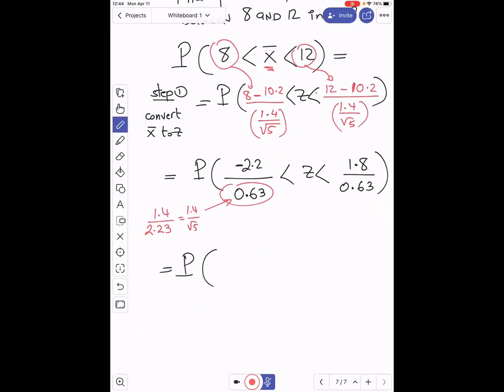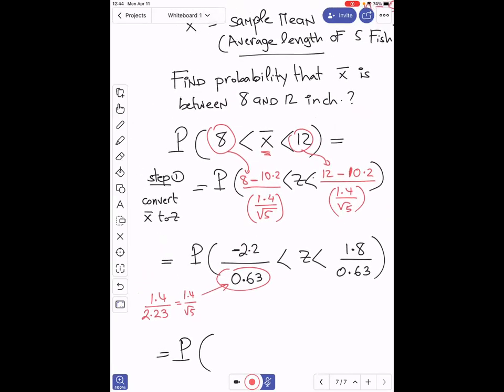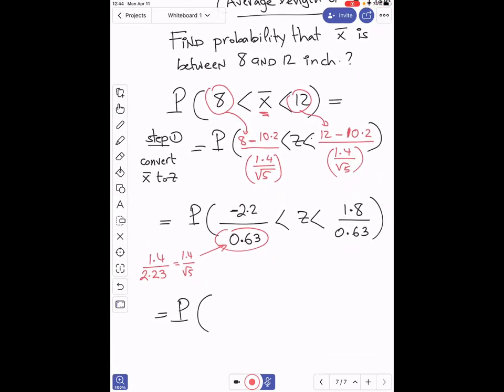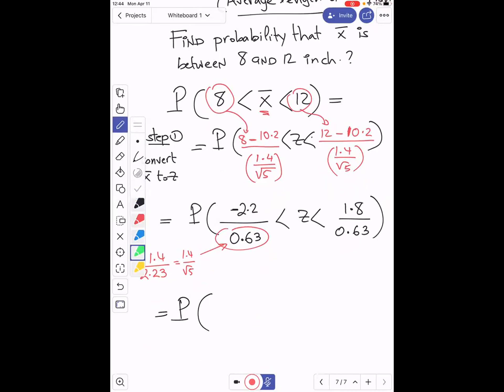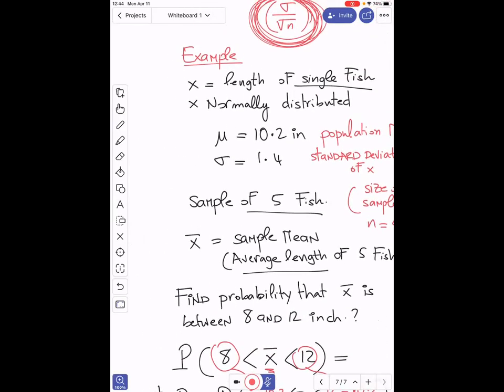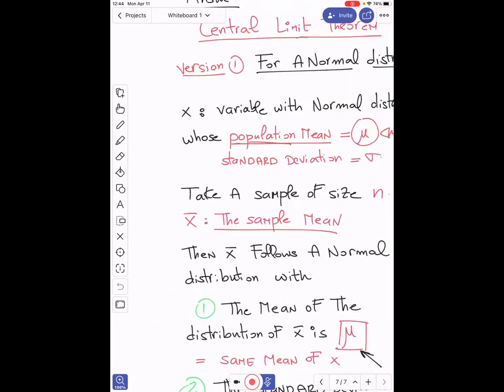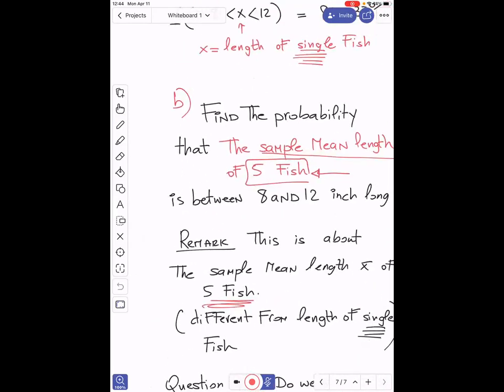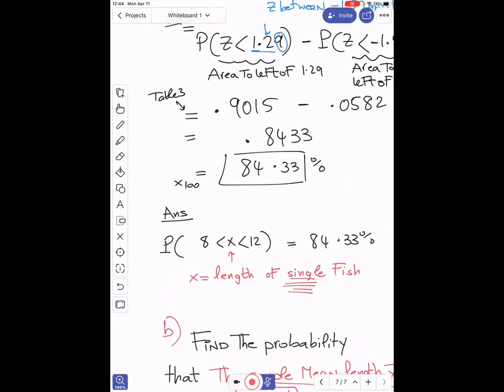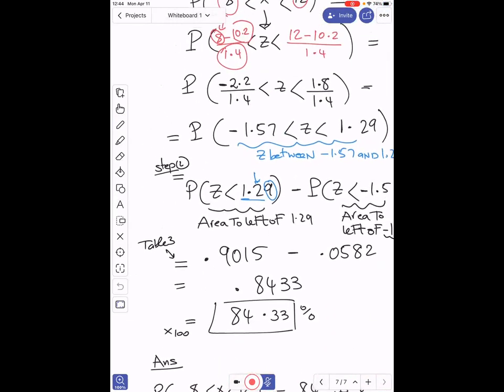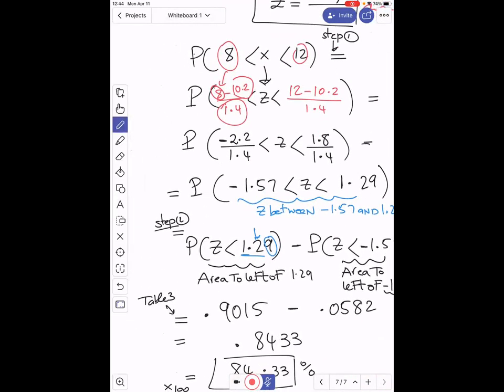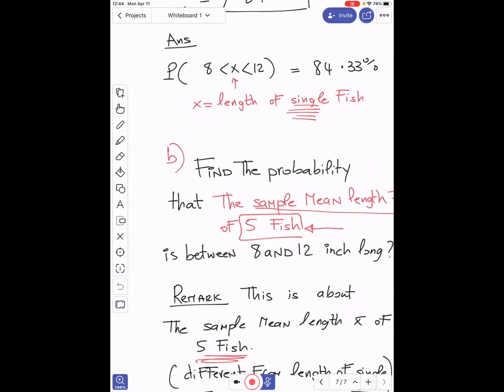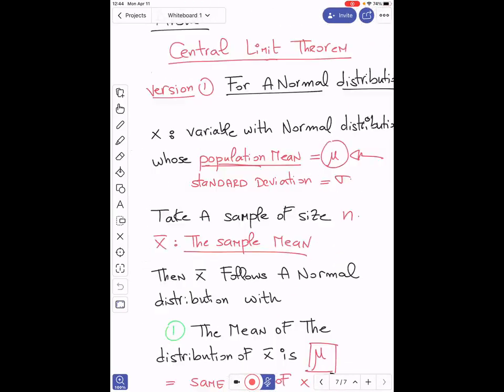Of course, here you're going to get different values than the previous example, because here I divide my negative 2.2 by 0.63. In the answer of part A, for a single fish, I divided negative 2.2 by just 1.4. So here we're going to have different numbers.